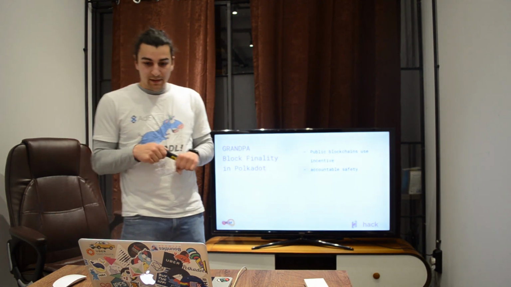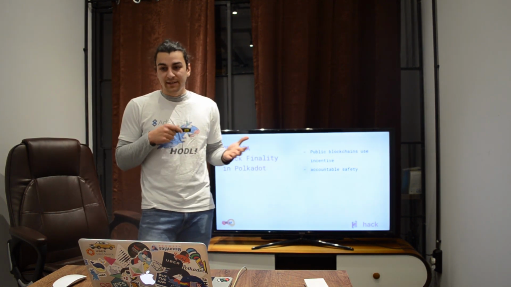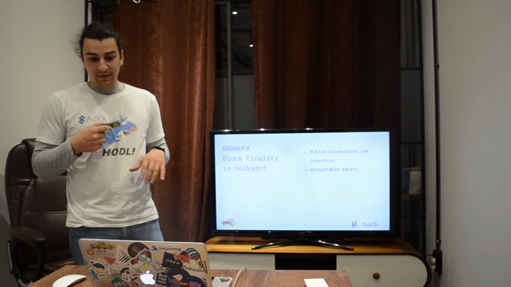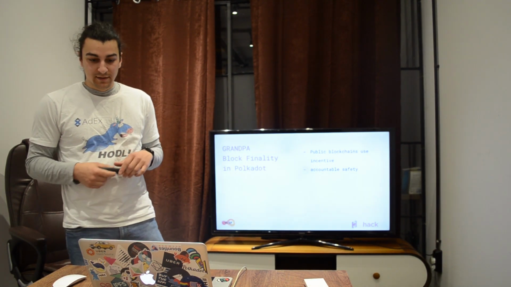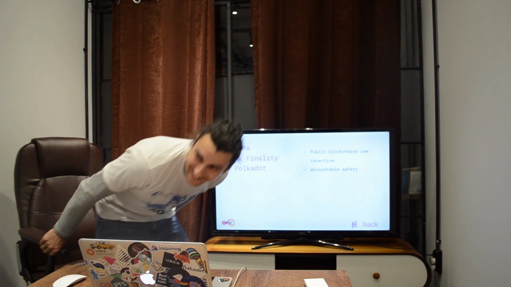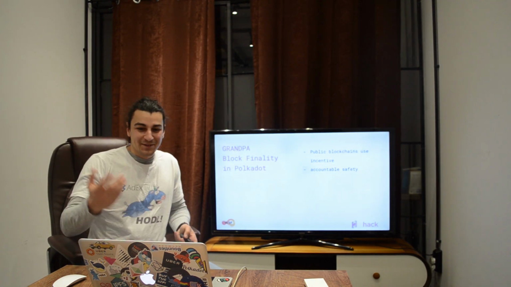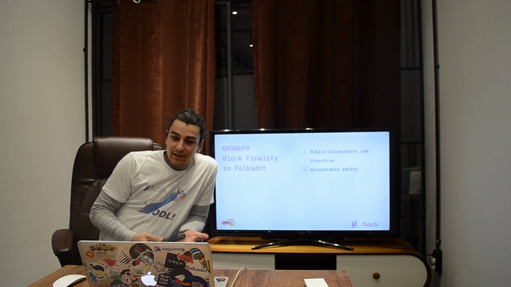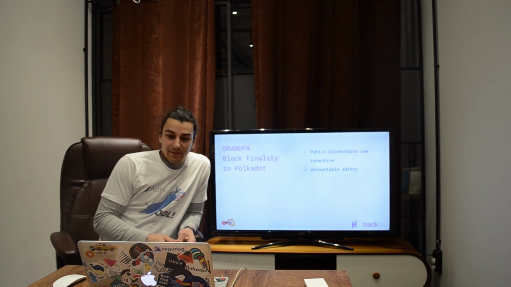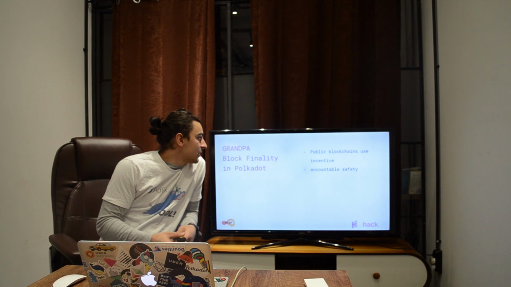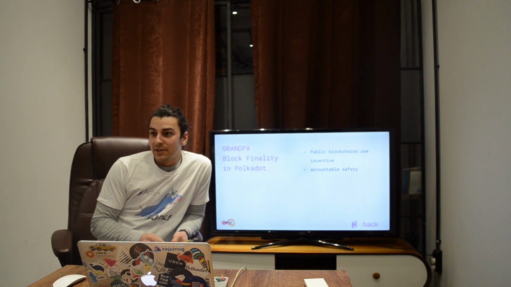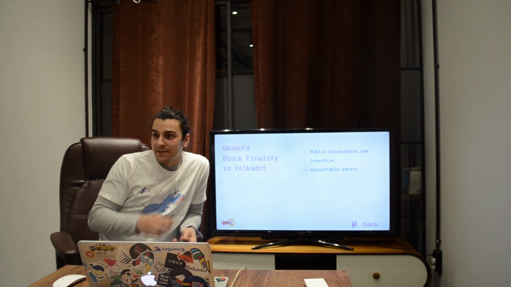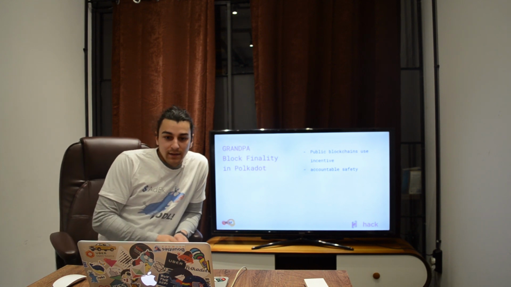In order for participants not to break the safety property and to revert blocks which have been agreed, public blockchains use incentive mechanisms. So they are rewarding the miners and the participants somehow.